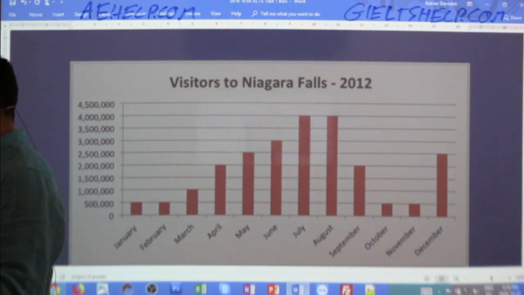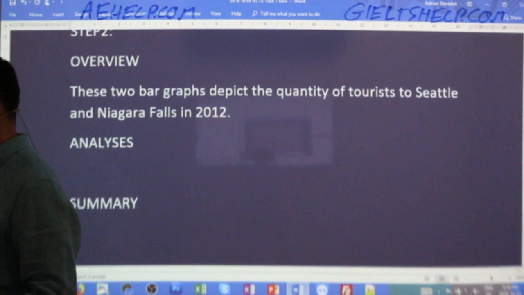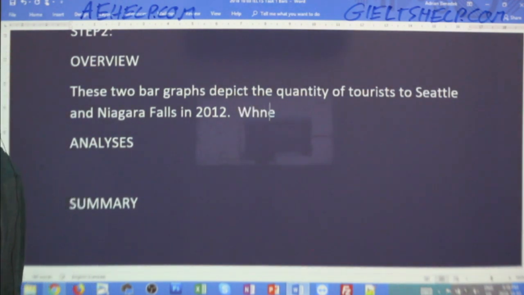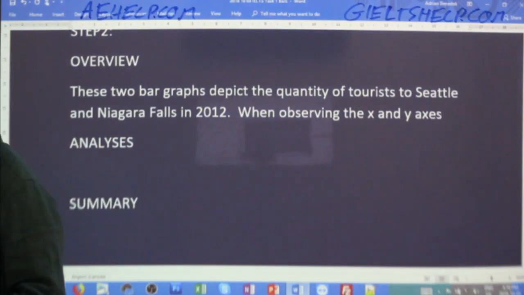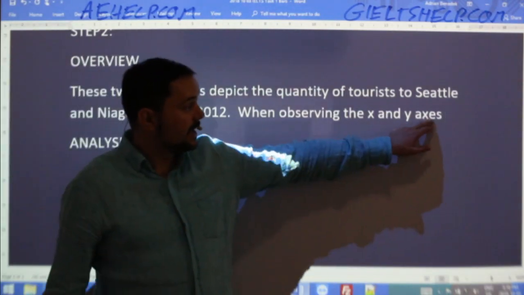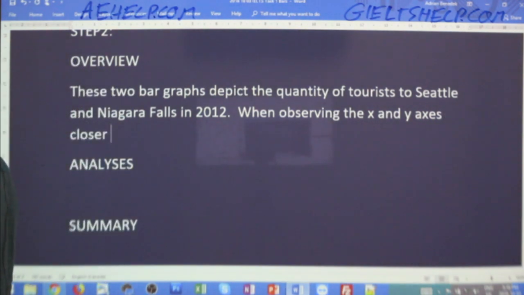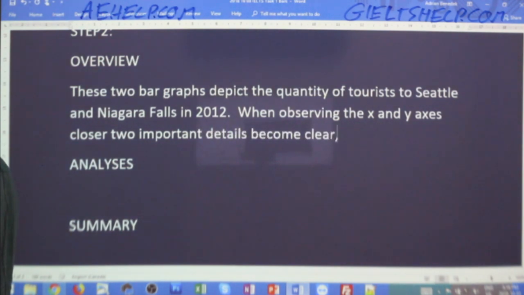So, let's describe that in the overview. So the x and the y. When observing the x and y axes, plural is with an E, okay? Axes, closer. Two important details become clear.